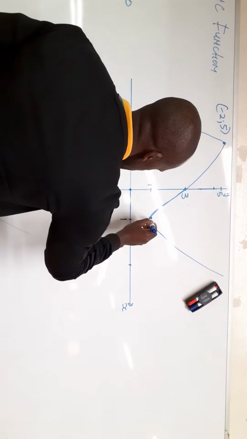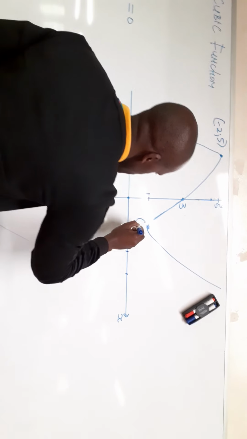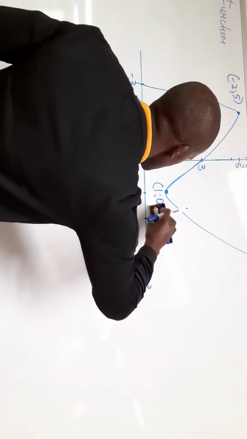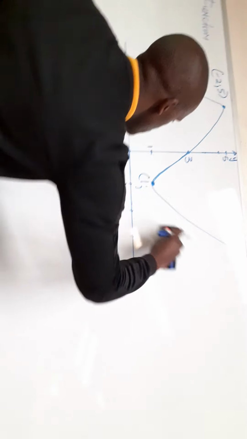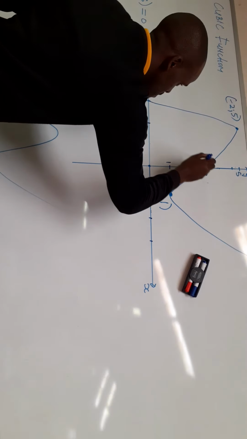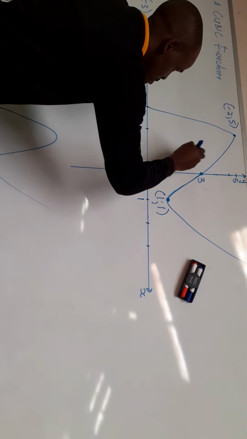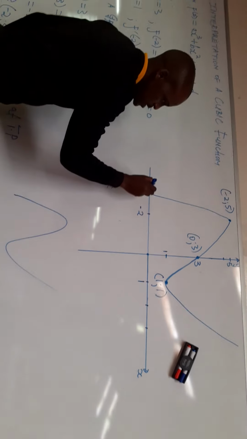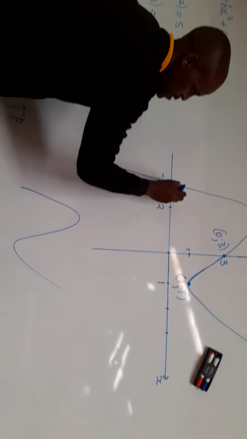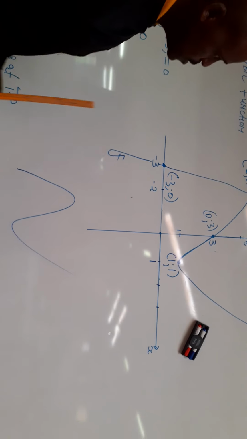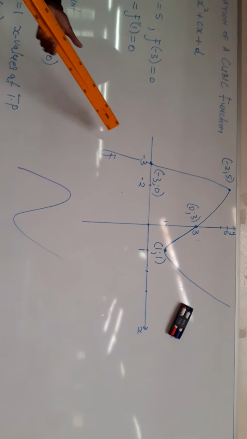And then the other turning point here will be 1:1. And then we've got the y-intercept, which is 0:3. X-intercept here, -3:0. So that's how our graph will be looking like.